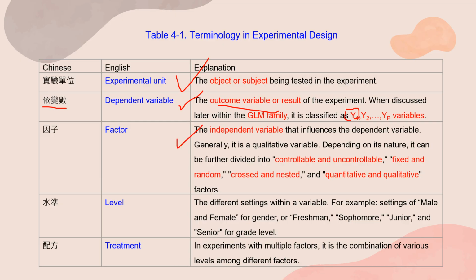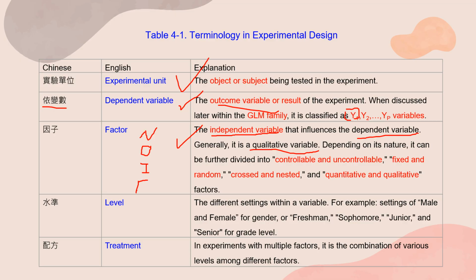And factor is the independent variable. The dependent variable is a result; the independent variable is the cause, or we can say it influences the dependent variable. Generally, it is a qualitative variable. So in chapter 1, you have to remember NOIR.